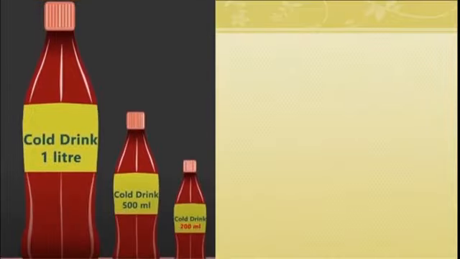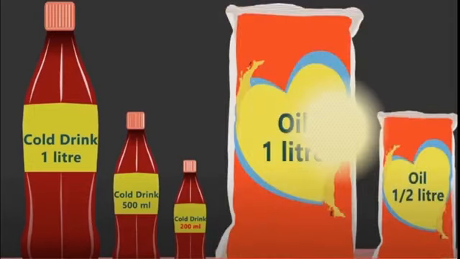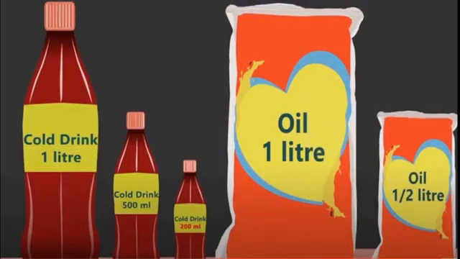You can see here cold drink bottles, that is 1 liter, half liter and 200 ml. We see these all in the markets, isn't it? See some more. Oil pouches, 1 liter, half liter. Half liter means 500 ml. 1 liter means 1000 ml, isn't it?